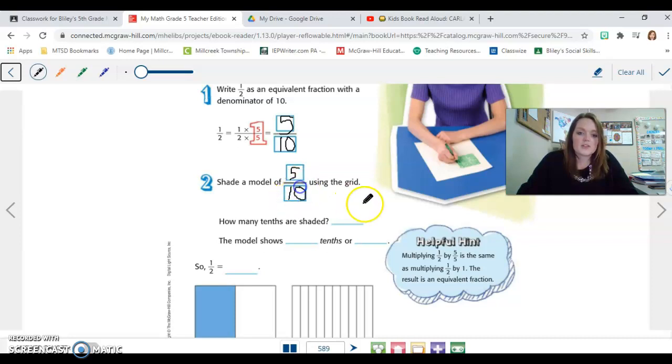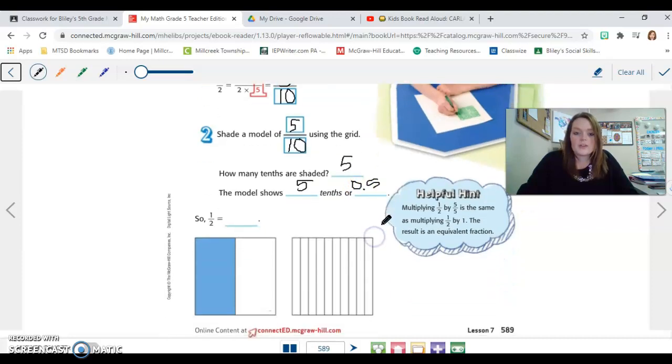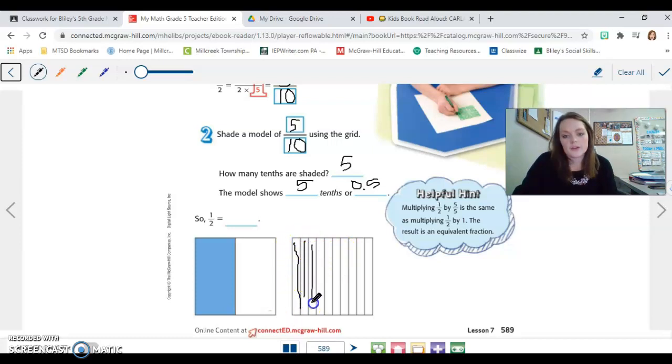How many tenths will be shaded? 5. The model will show 5/10, or 0.5. So if we look down here, this is 1/2. Now we are using this like we would use our hundredths blocks in class, and we're going to shade in 5 of them. 1, 2, 3, 4, and 5.